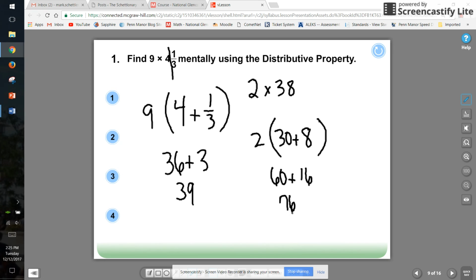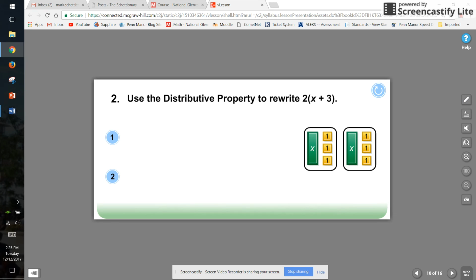What if I have some variables and I'm doing an algebraic expression like this one? I have 2 times x plus 3. Using our counting tiles, if I have 2 times x, it means I have 2 x's. And then if I multiply 2 times 3, I have 1, 2, 3, 4, 5, 6.